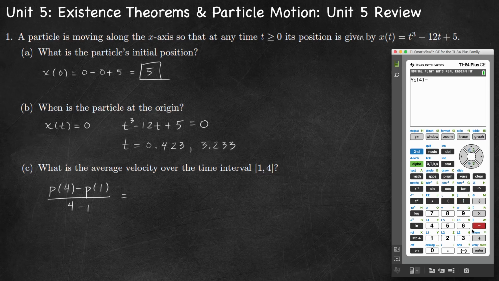So I have y1 of 4 minus y1 of 1, and I'm going to divide that by 3, which is 9. So the average velocity is 9.